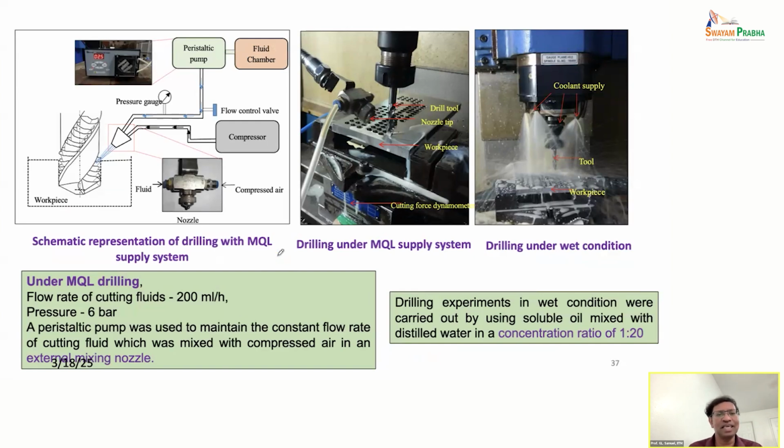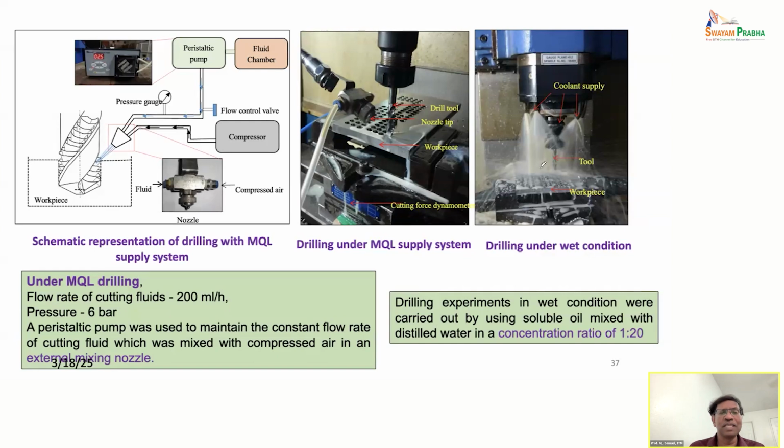We also tried what is called MQL lubrication. MQL means minimum quantity lubrication. Nowadays even SQL has come, small quantity lubrication. Generally we use what is called a flood coolant, where we pour the coolant during the machining operation, both in milling, turning, or even in drilling.